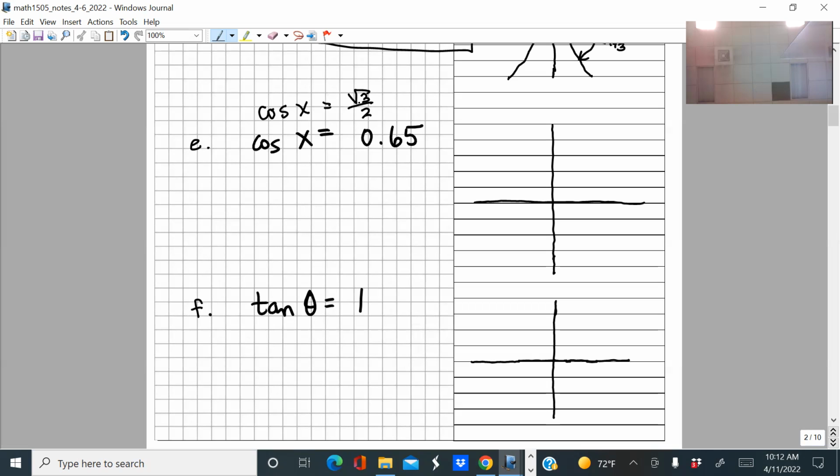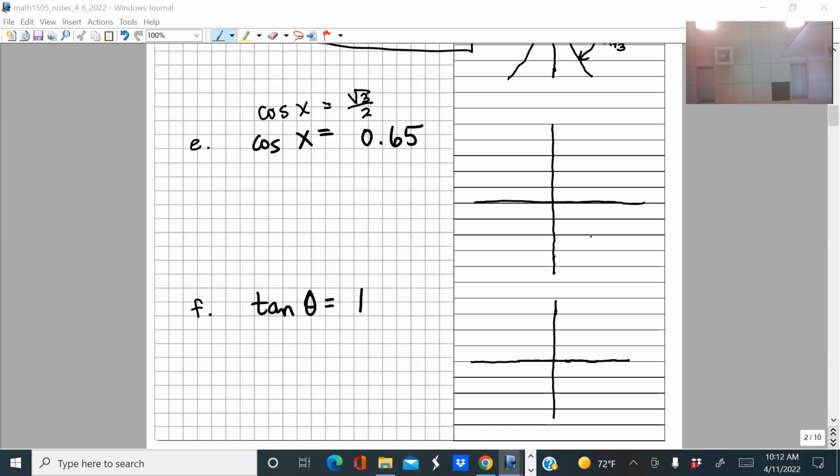But let's look at solving this equation: cosine of x is equal to square root of 3 over 2. You can really solve that one by inspection, right? When I say solve an equation by inspection, you can just look at the equation and, based on your knowledge of trig functions, figure out what the solution has to be.